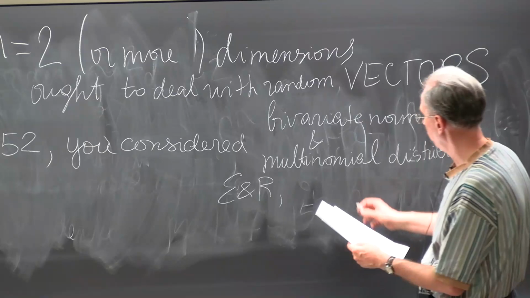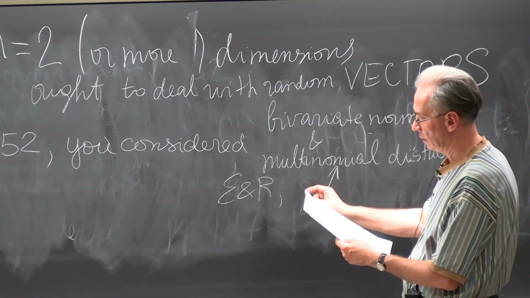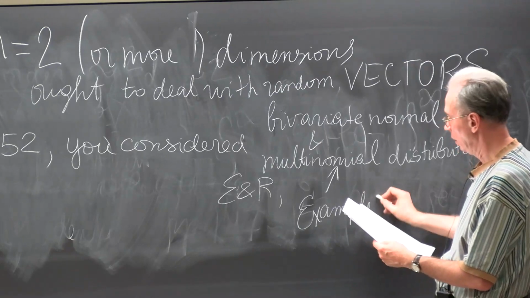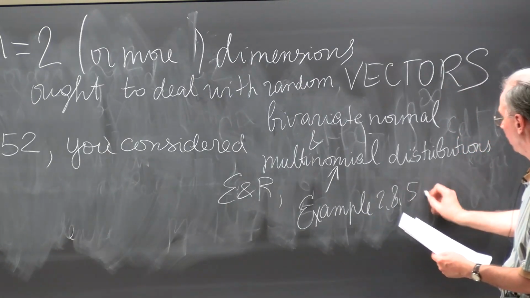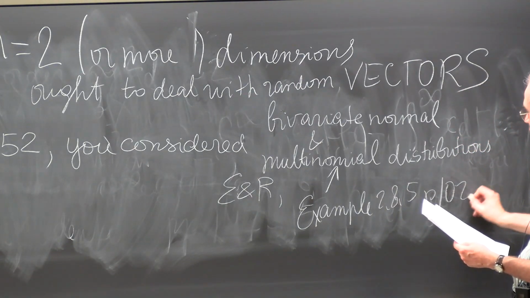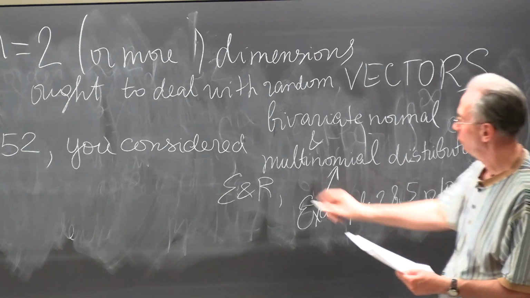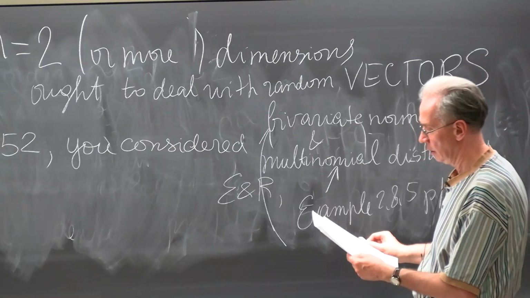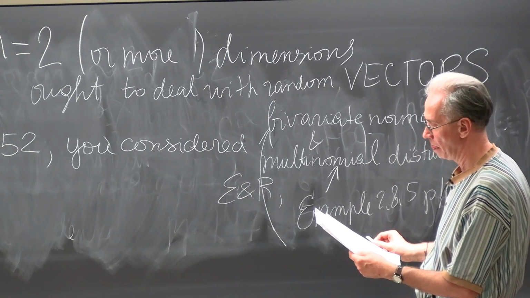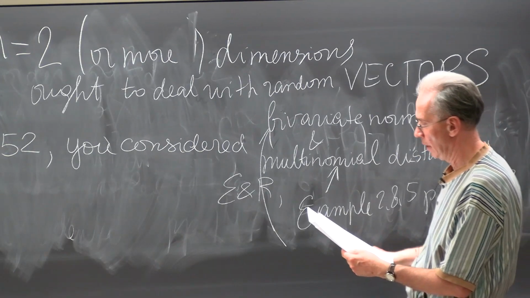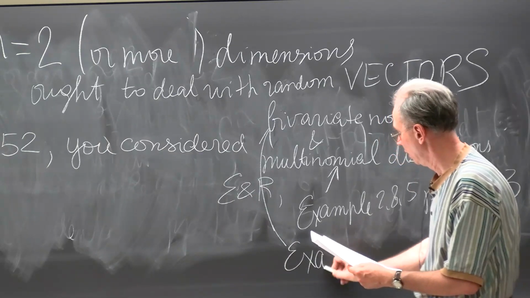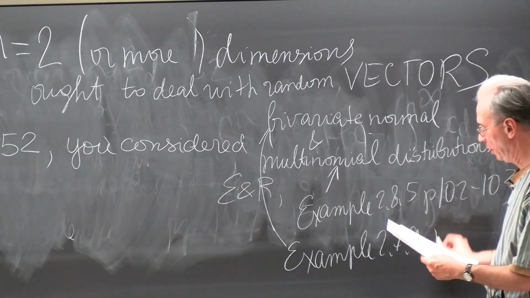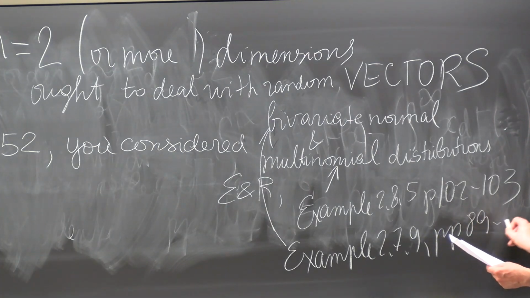For multinomial, it's example 285 on pages 102, 103. For bivariate normal, it's example 279 on pages 89, 90.